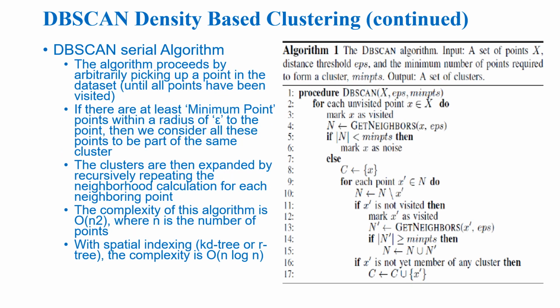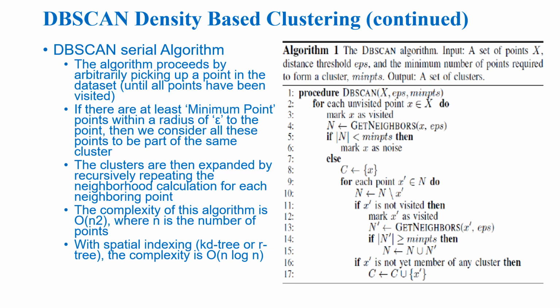Over on the right here, we have a pseudocode, a serial algorithm for DBSCAN. This algorithm proceeds by arbitrarily picking a point in the data set until all points have been visited. If there are at least minimum points within the radius of epsilon to the point, we then consider all these points to be part of the same cluster.